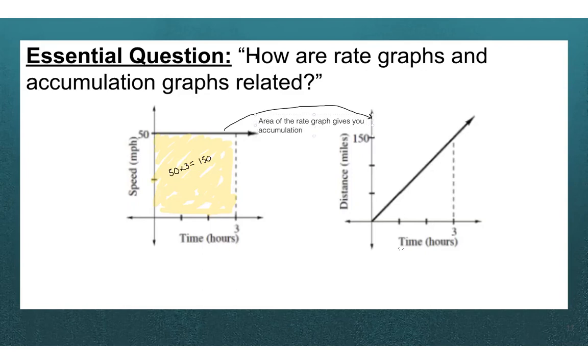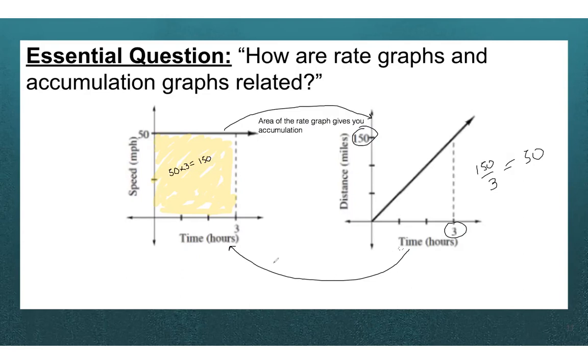And then remember there was a way that this distance graph relates to the rate graph. If we take the slope, 150 divided by 3, that's the slope of this graph. If we do 150 divided by 3, you should get 50.